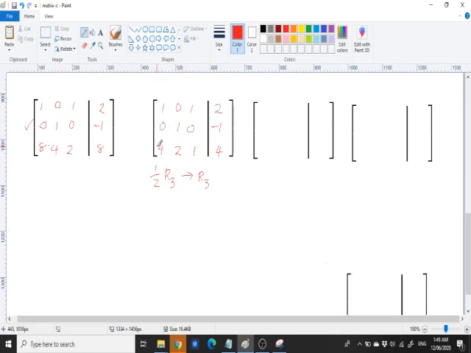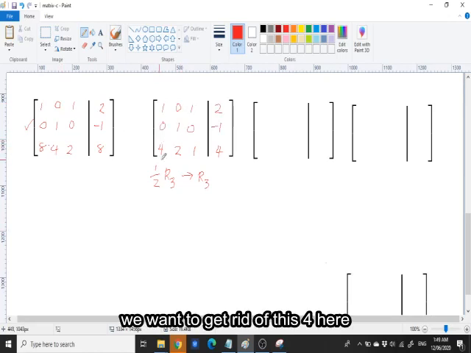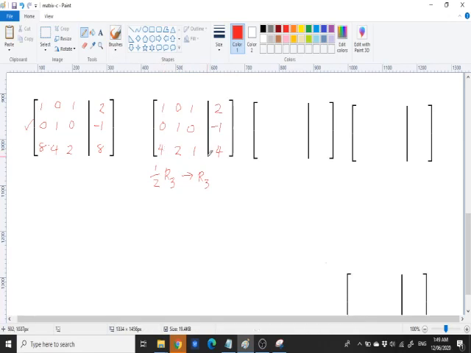Okay. We want to get rid of this 4 here. So what we're gonna do is multiply the first row by 4 and then subtract by the third row. Okay? So for R1, 4 times R1 subtracted by R3, we will replace the entries in R3.